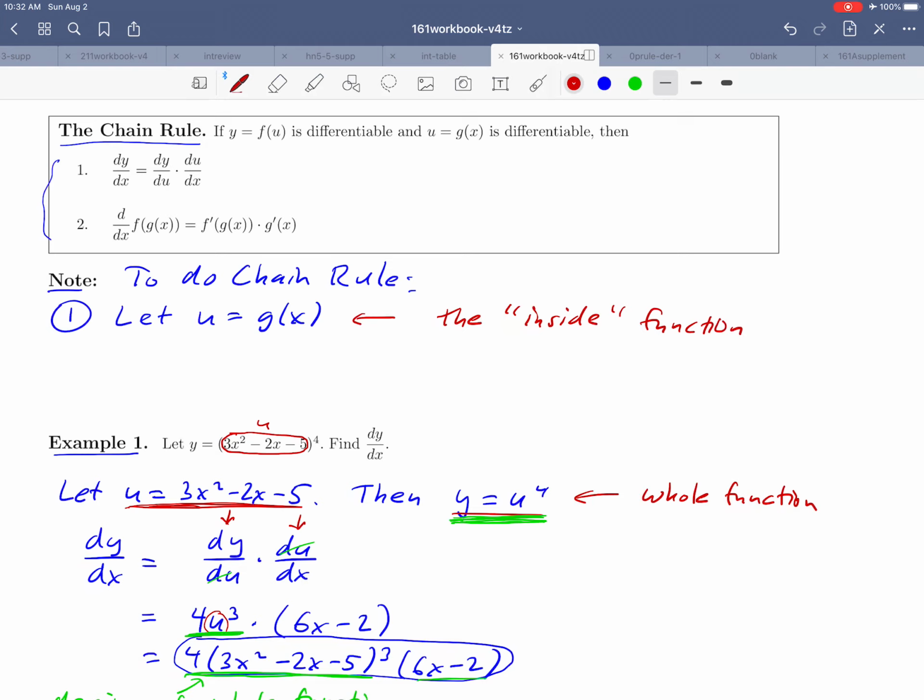In particular, the thing that we called u was the inside function. It was on the inside of our overall function, and then we went through the two-step process to find the derivative, starting with taking the derivative of the whole function with respect to u. Same words that we mentioned below.